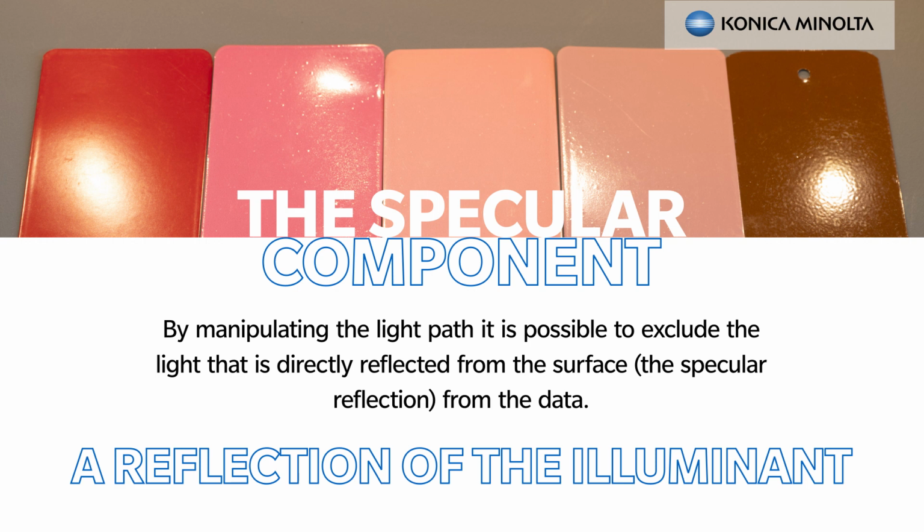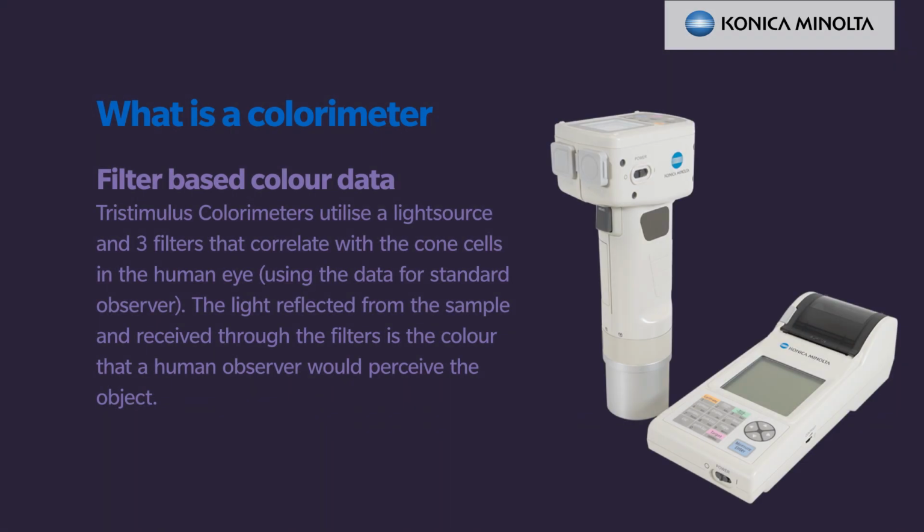The way that colour measuring instruments capture the reflected light also leads to two different implementations. Tristimulus colorimeters, such as Konica Minolta's chromometers, utilise red, green and blue colour filters that correlate with the human eye.